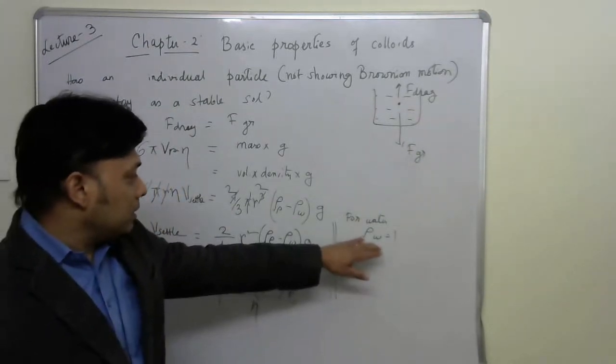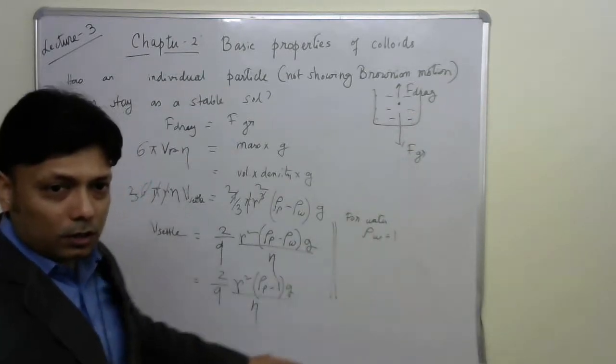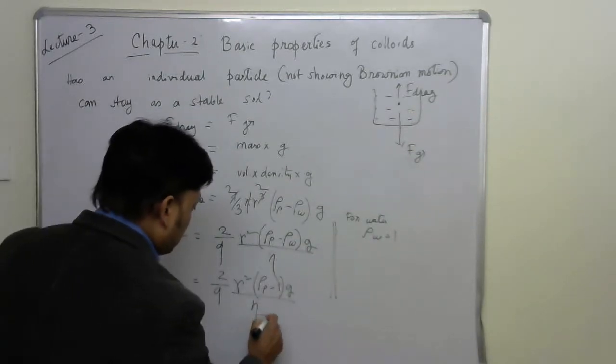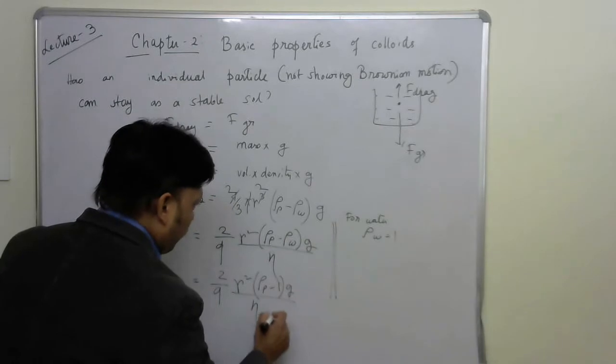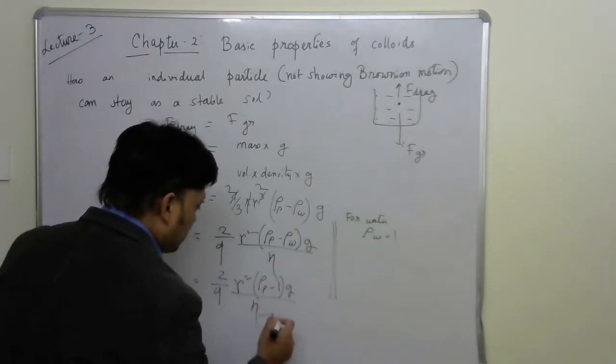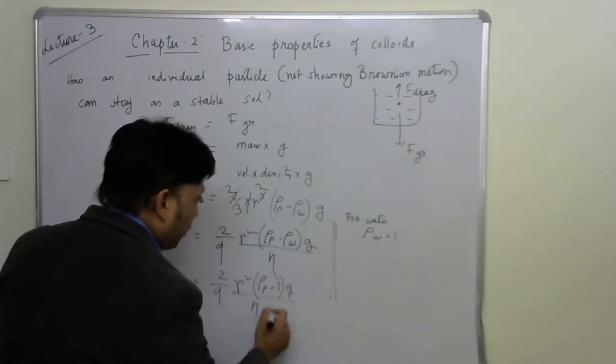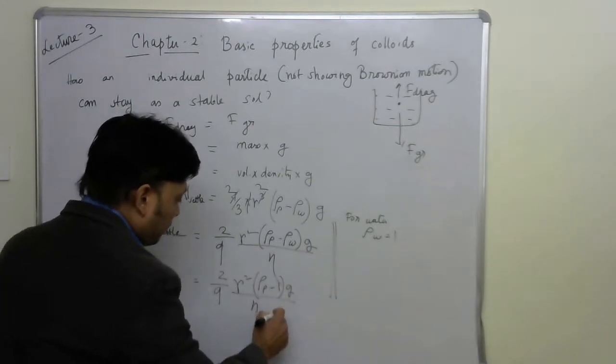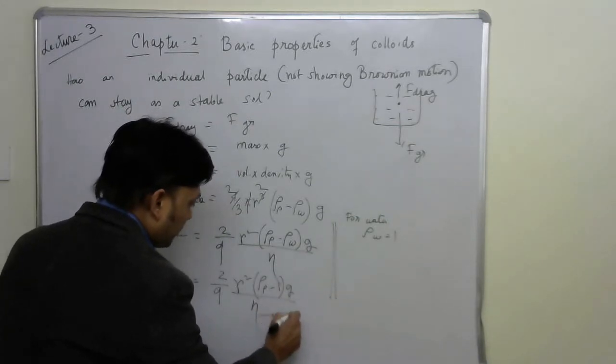So if we fix the dispersion phase as water, then this eta, the constant representing the viscosity coefficient, is constant.